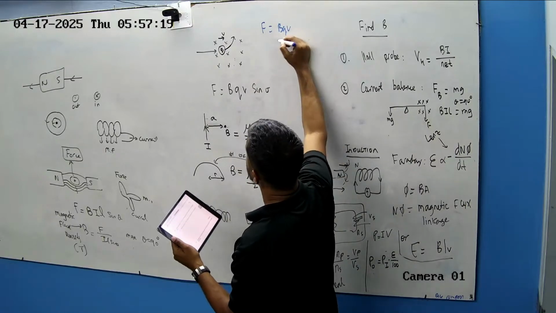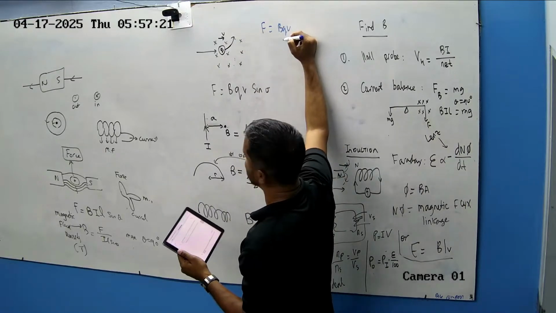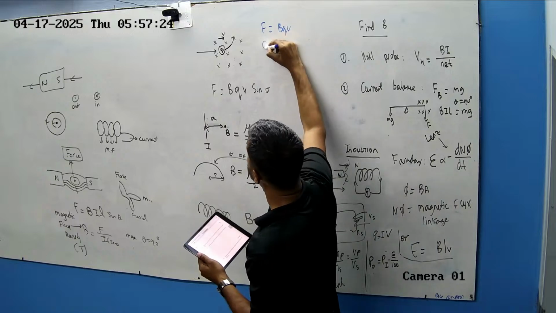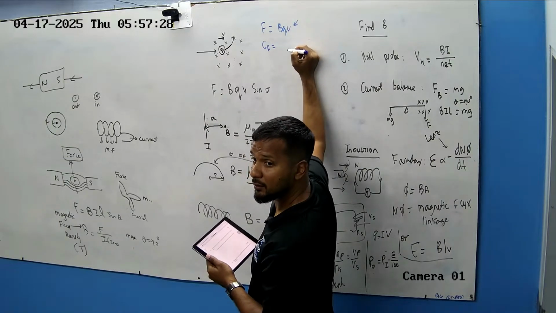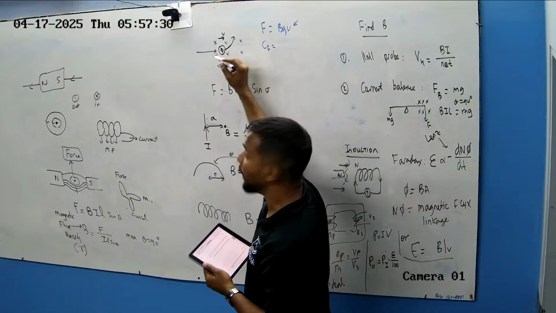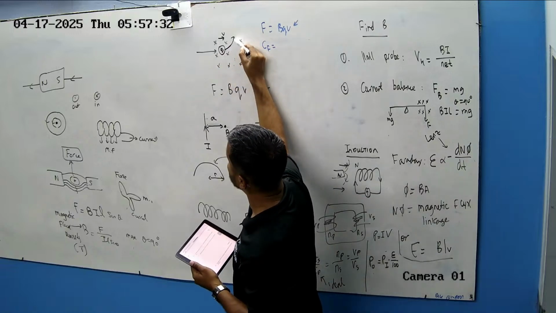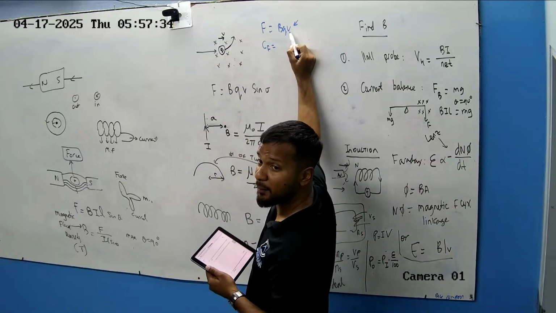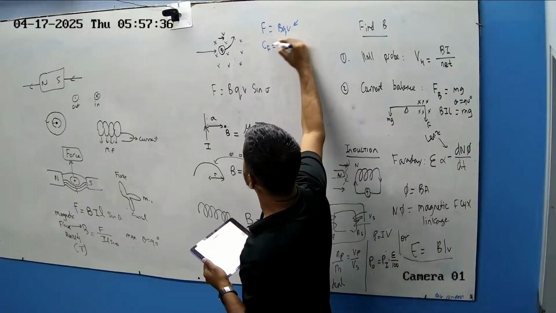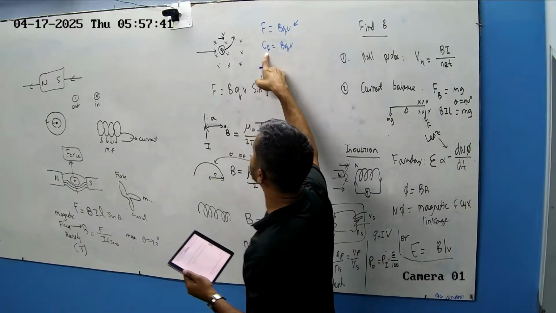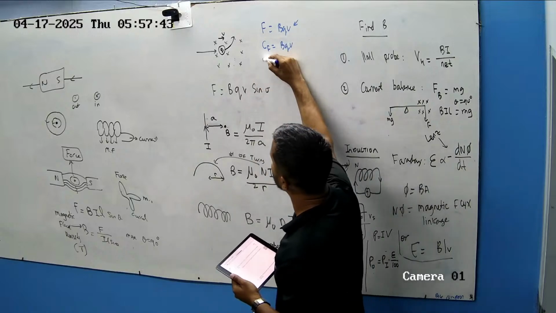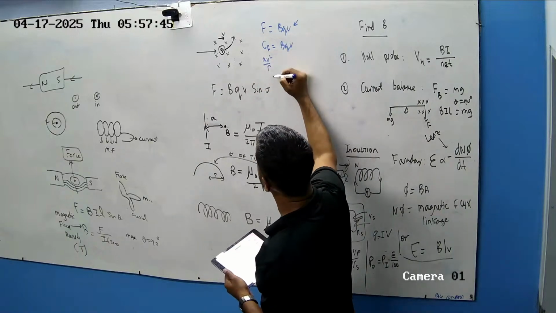Question: what provides the circular motion? What provides the centripetal force? What causes it to turn? The magnetic force, right? So the centripetal force is BQV. How do you find centripetal force again? mv squared over r.